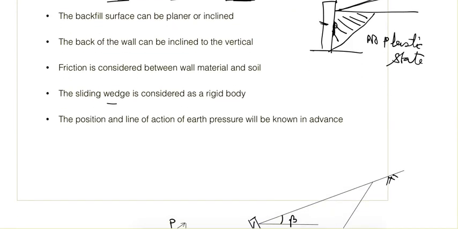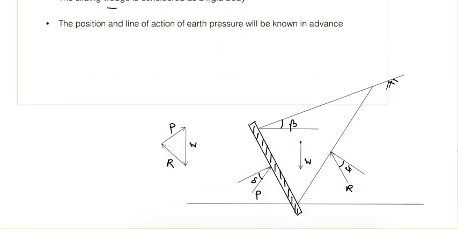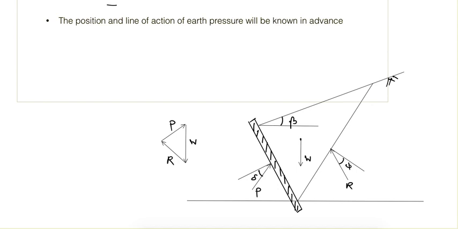The position and line of action of earth's pressure will be known in advance. It is assumed that the earth's pressure acts at h by 3 from the base, and we know the angle of friction between wall and the soil. So using that, the location of earth pressure is also known.